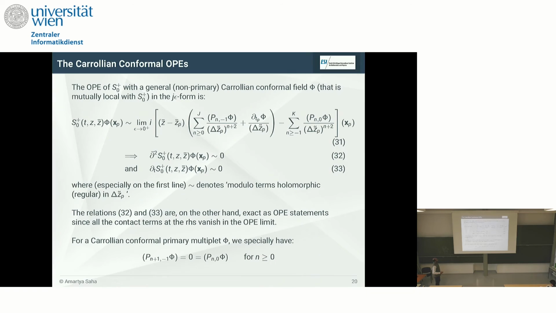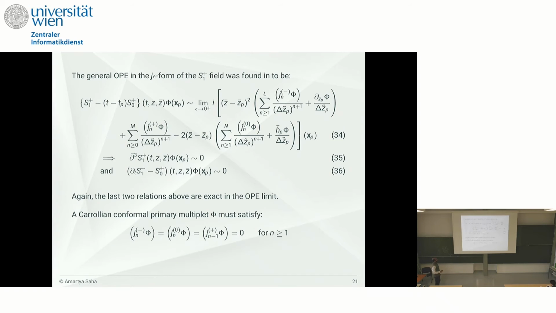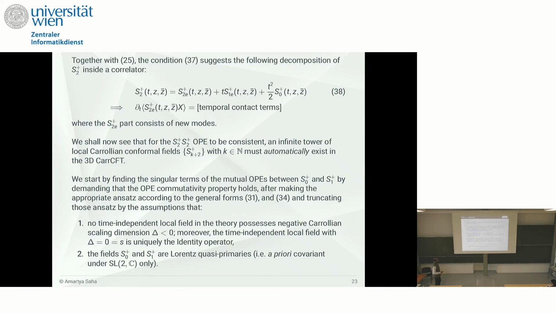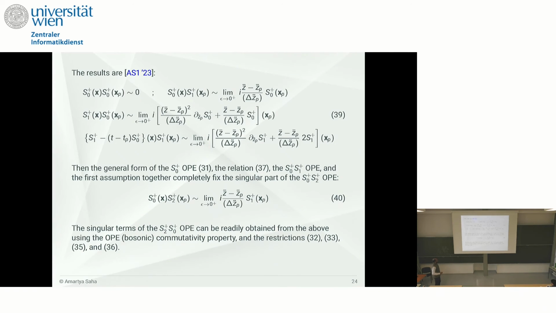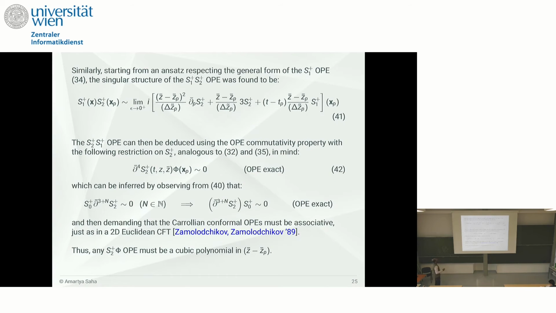So 32, 3 is this. These are the restrictions, like you have to be truncating at linear order. And S0 plus is time independent in the OP limit, 35, 6 is this. So we have to use these constraints, and then you can find the S2 plus S0 plus OP directly from the bosonic commutativity relation. Similarly, you can also find the S1 plus S2 plus OP.